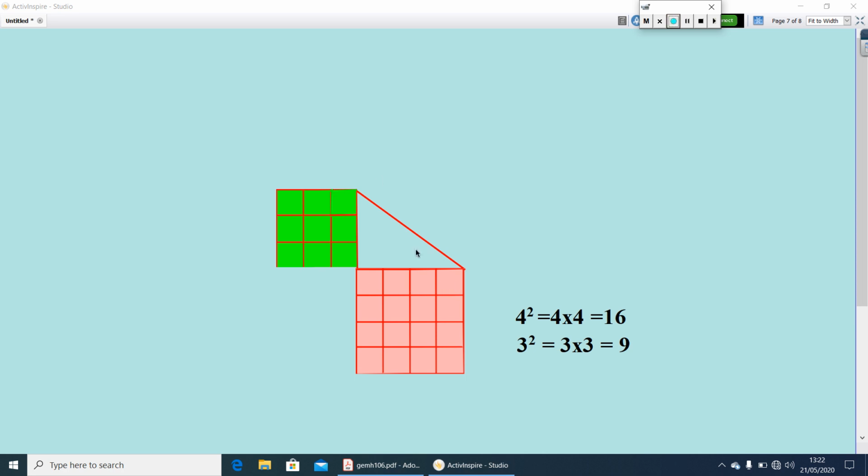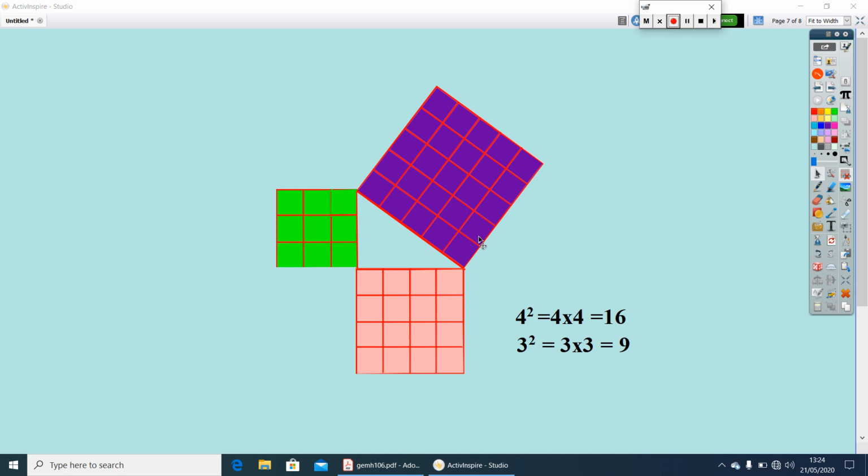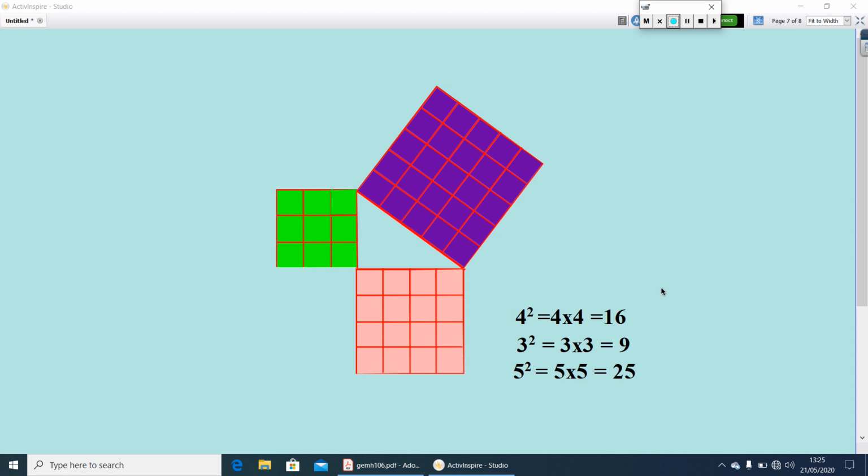Now let us see how many square units are there on the hypotenuse. Here you can find out 1, 2, 3, 4, 5. 5 into 5, that is 25 squares. Now you add 4 square plus 3 square, that is 16 plus 9, you are getting 25.